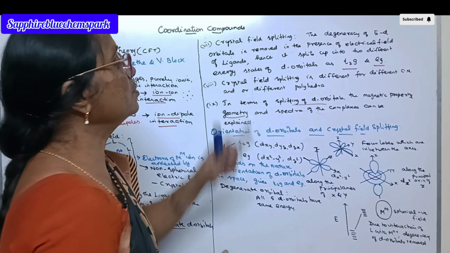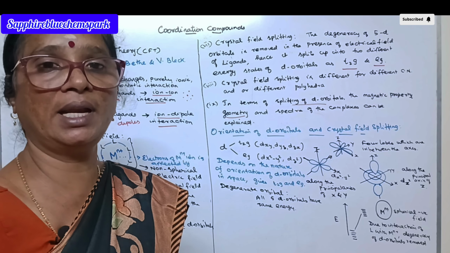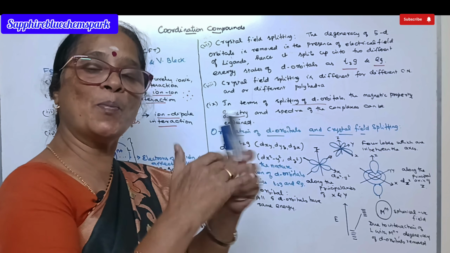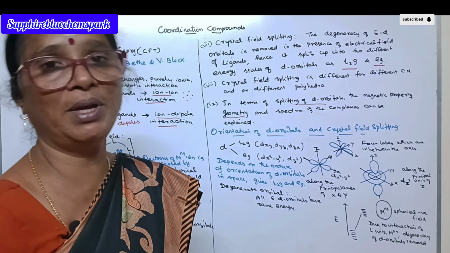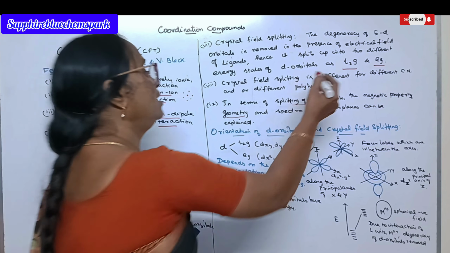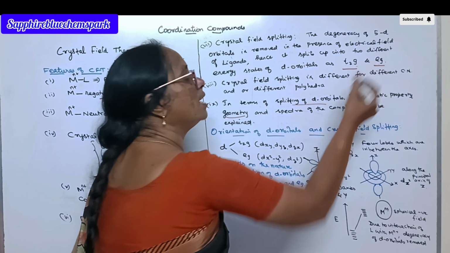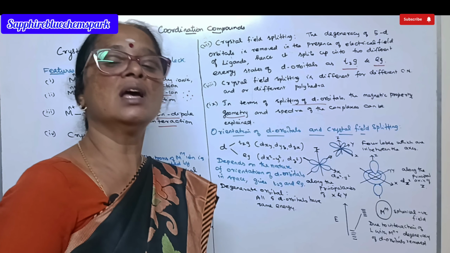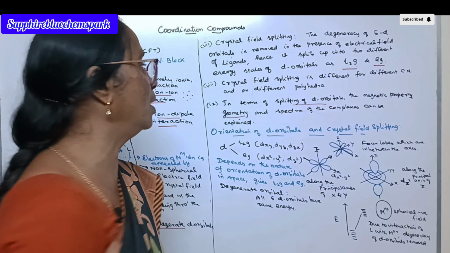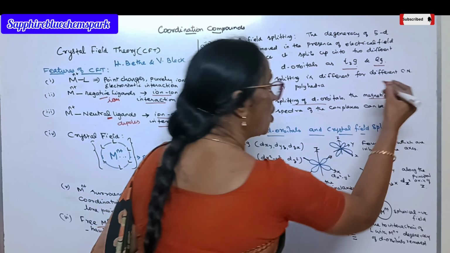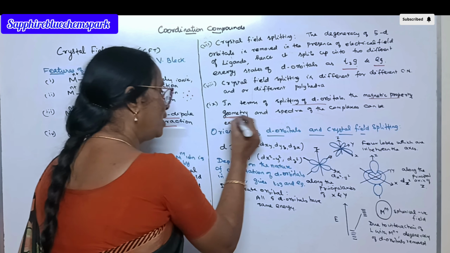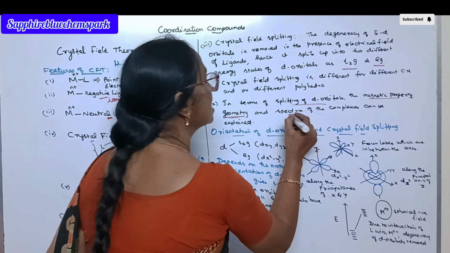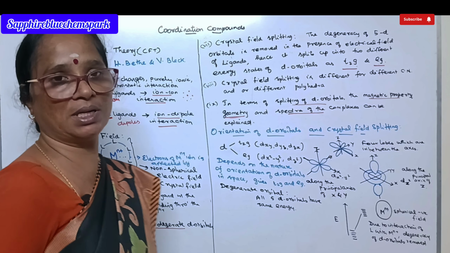In terms of d orbital splitting, the properties of the complexes can be explained. We can explain the magnetic property of the complex, the geometry of the complex, as well as the spectra of the complex.